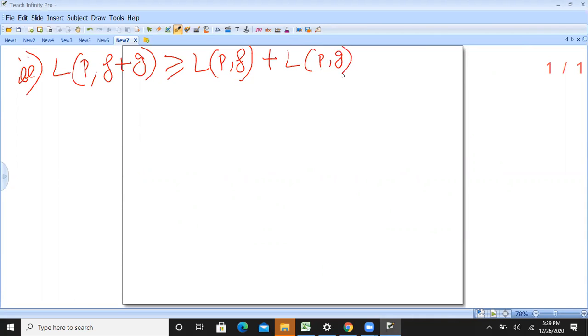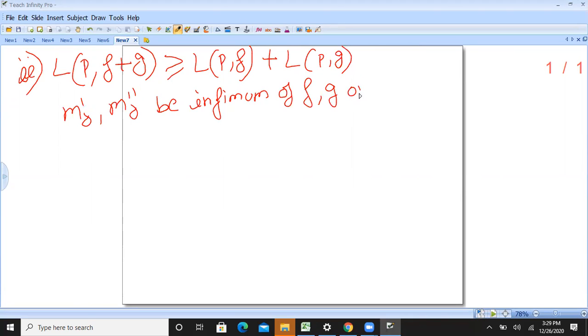Okay. So first we shall consider only small m dash, small mr double dash, be infimum of f comma g on IR.